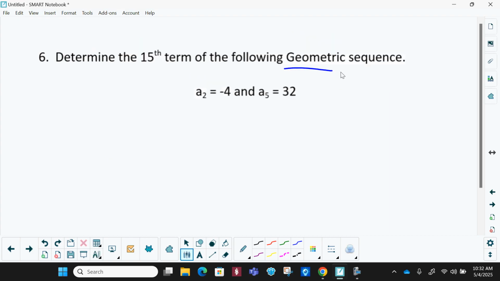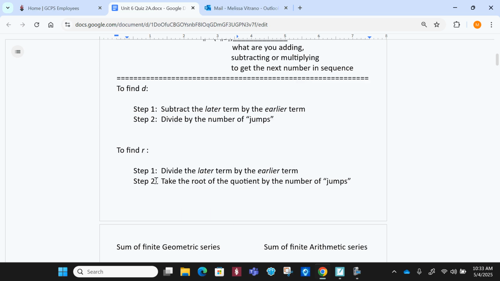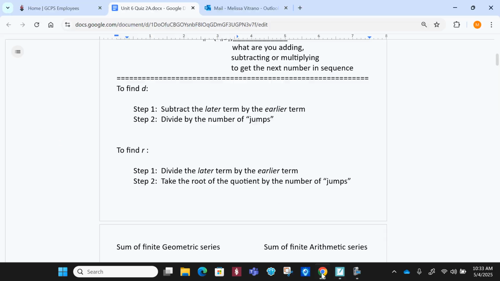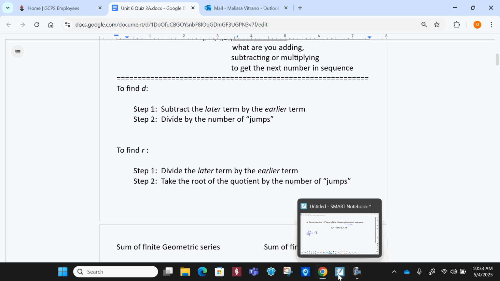We have a geometric sequence. So here, let me go back. To find r, divide the later term by the earlier term. So the later term is the second one, the earlier term is the first one. Step 1, 32 divided by -4 is -8. Then take the root of the quotient by the number of jumps.